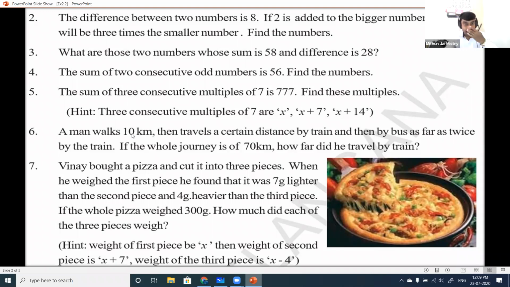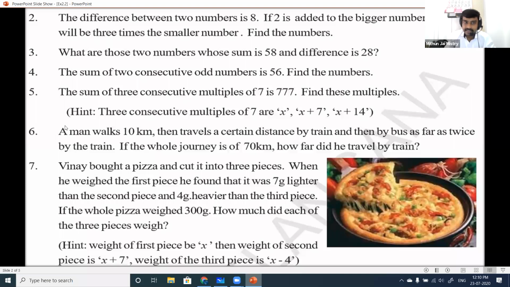Now maybe his legs were paining and then he traveled a certain distance by train and then by bus. So totally 3 things. First he walked, then he traveled by train, then he traveled by bus, right? Now some condition is given that then by bus as far as twice by the train. Now what does it mean?